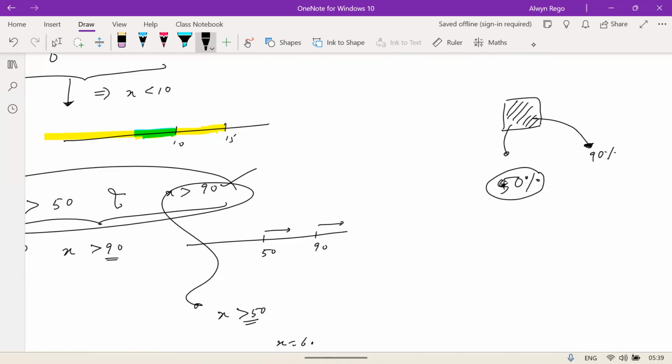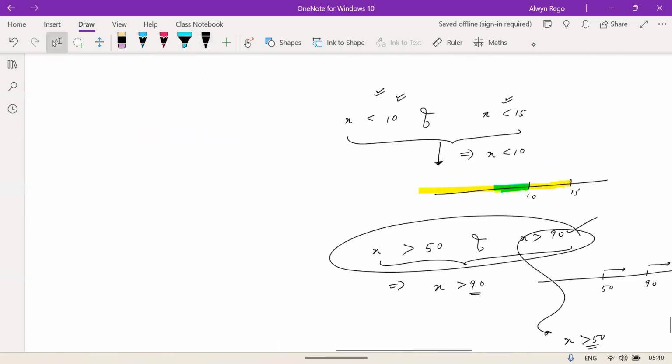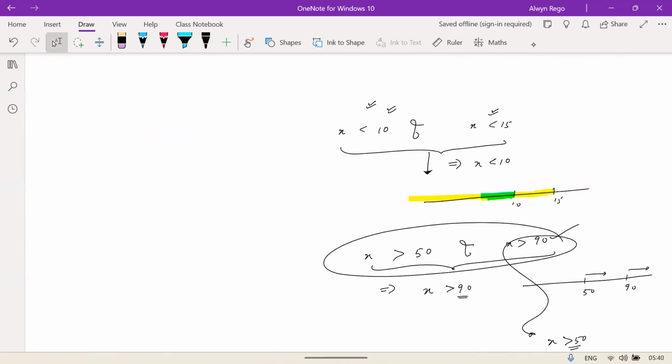Then if you have got 60%, obviously they're not going to take you. You have satisfied the first condition, but you didn't satisfy the second condition. So only if you have aggregate more than 90% do you go and apply. So if x is less than 10 and x is less than 15, then x must be less than 10.